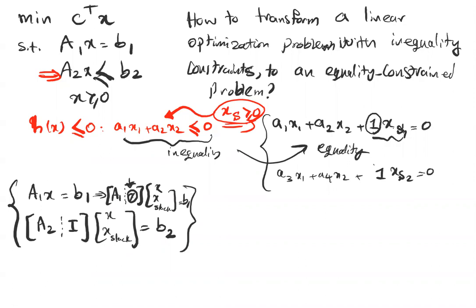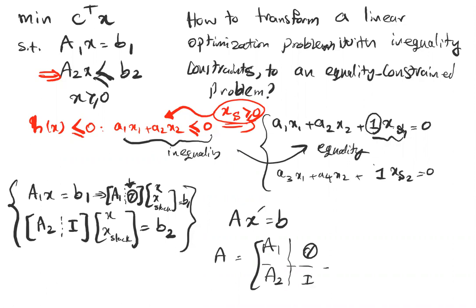If we want to merge all of this, we will have A x prime is equal to B, where A is defined as A1, a block of 0, A sub 2, identity matrix. X prime is X and X slack, and B is B1, B sub 2. The rest of the problem is as before.